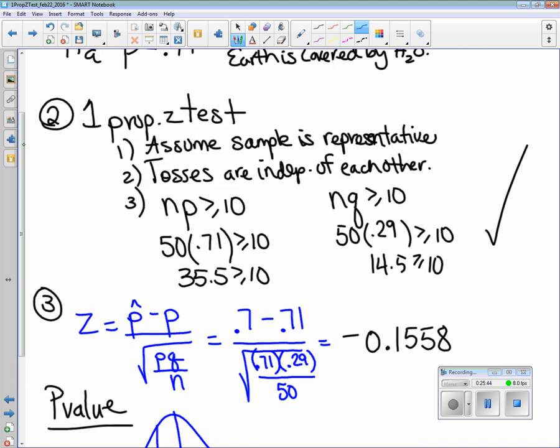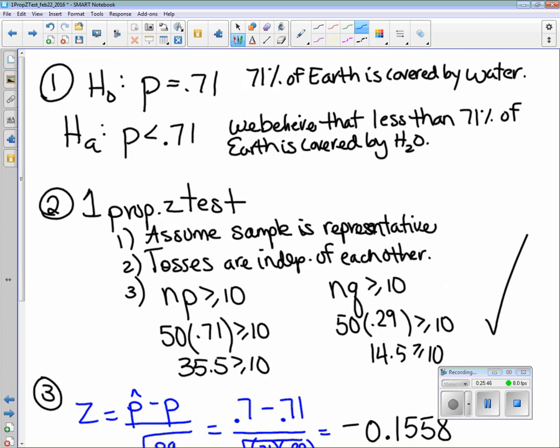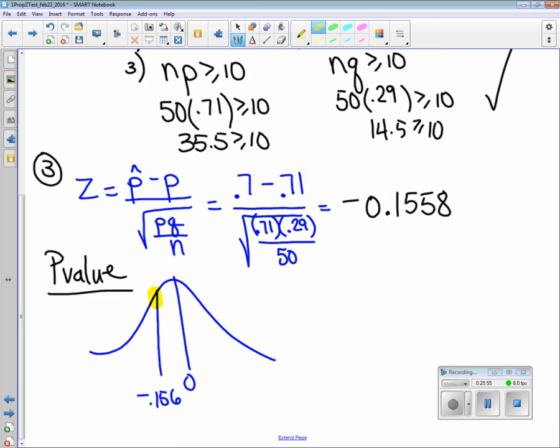It's based on the alternative hypothesis. Because the alternative hypothesis is less than, how are we going to shade? We're going to shade less than. The alternative hypothesis tells us how to shade. How do I find that probability?